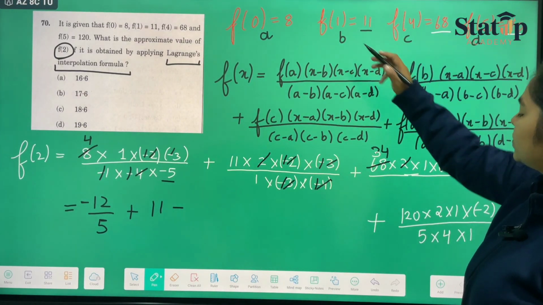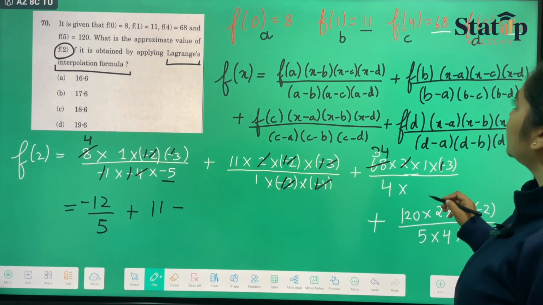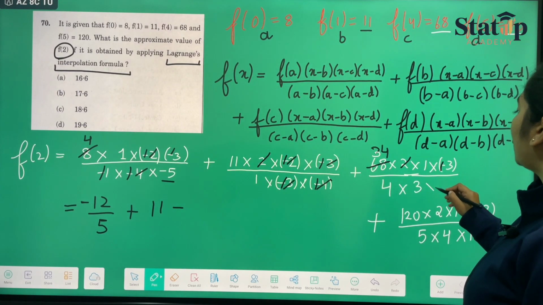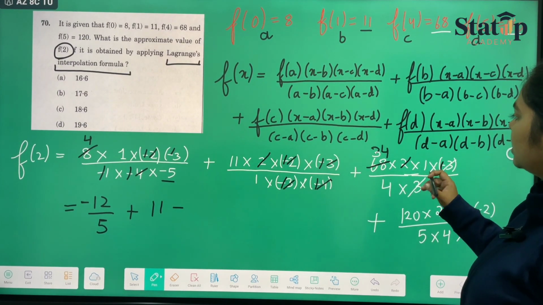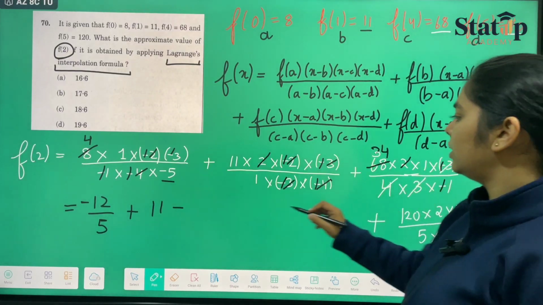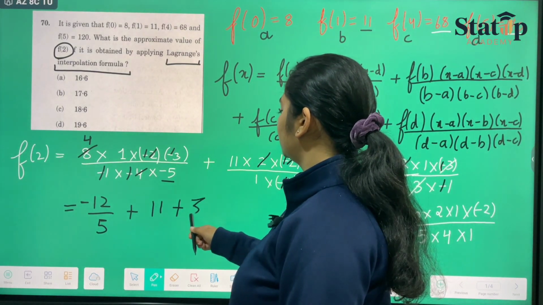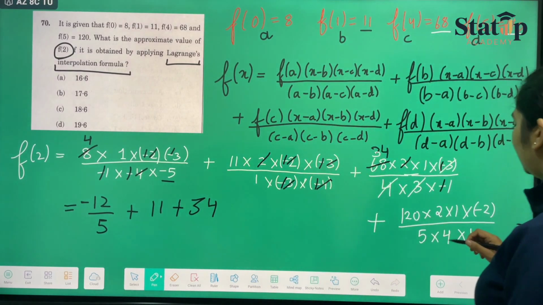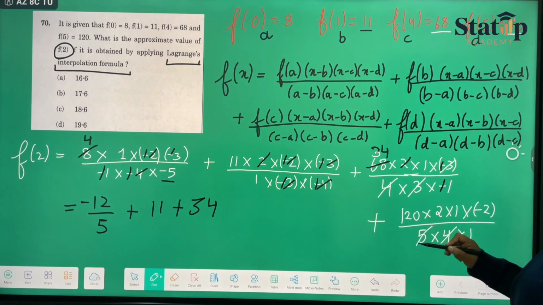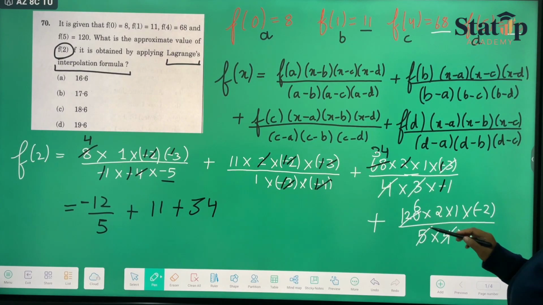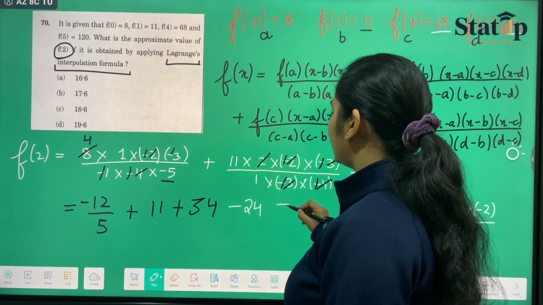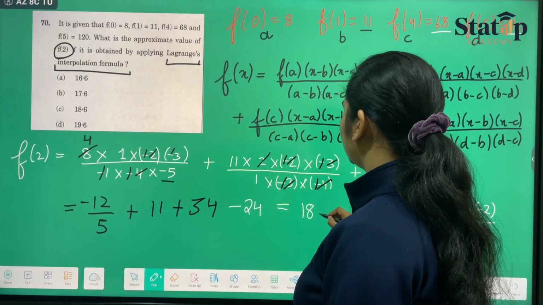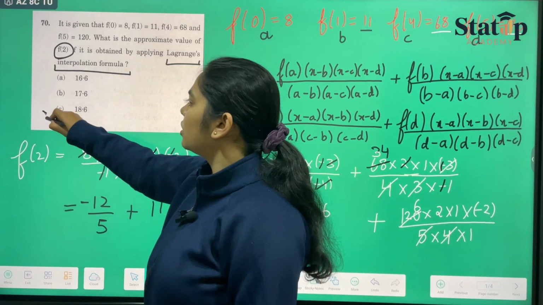Then c minus a, 4 minus 0 will be 4, 4 minus 1 will be 3, and 4 minus 5 will be minus 1. So 3 gets cancelled and 4 gets cancelled. So we are only left with plus 34 here. And if we cancel these out, 4 fives are 20 and 20 into 6 with a negative sign, minus 24 we will get. And on solving this, we will get 18.6 as our answer, which is option C.